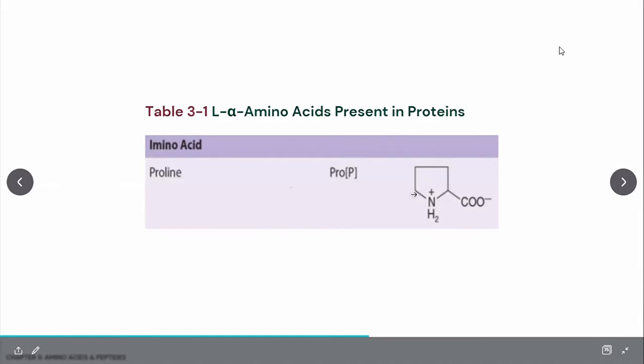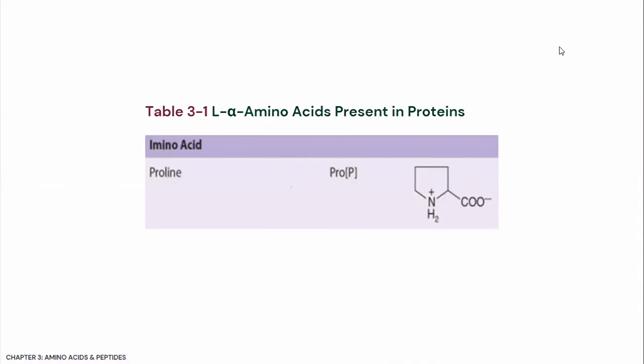It's supposed to be a carboxyl group, and then we have an amino group here. The carboxyl group and the amino group combine together to form this ring. Okay? You know that already.